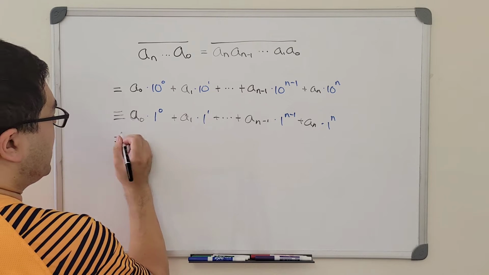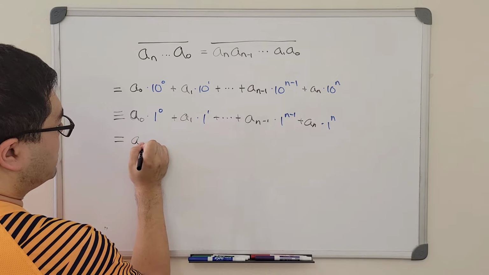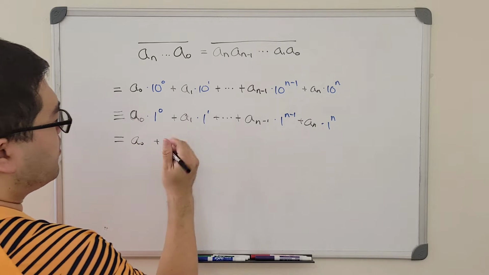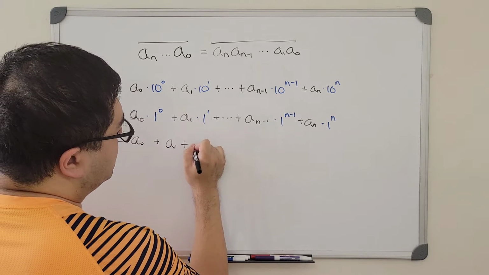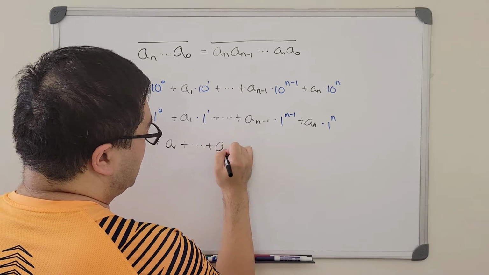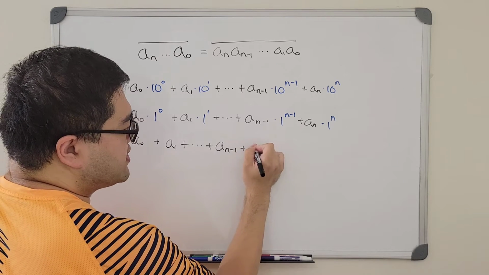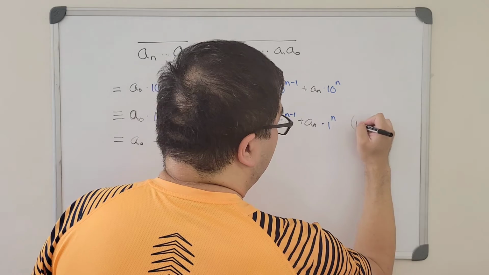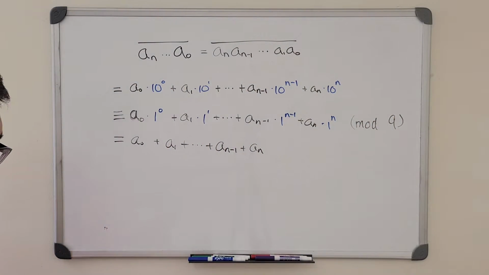Meaning that if we simplify it, we end up with a0 times 1, which is just a0, plus a1 times 1, again just a1, plus etc. until we hit the last two terms, a(n-1) plus an. And keep in mind, we're doing it in mod 9, meaning that we're dividing by 9 and seeing what the remainder is.